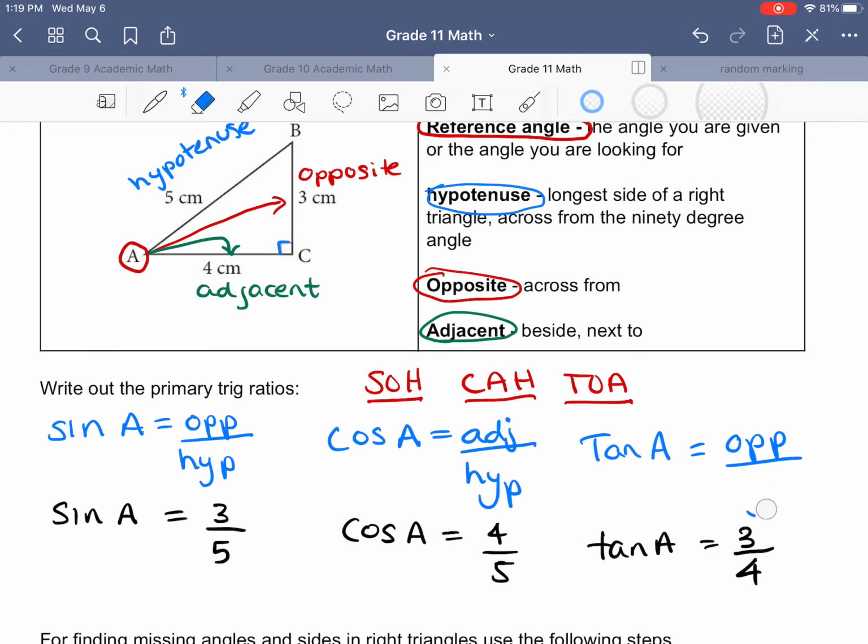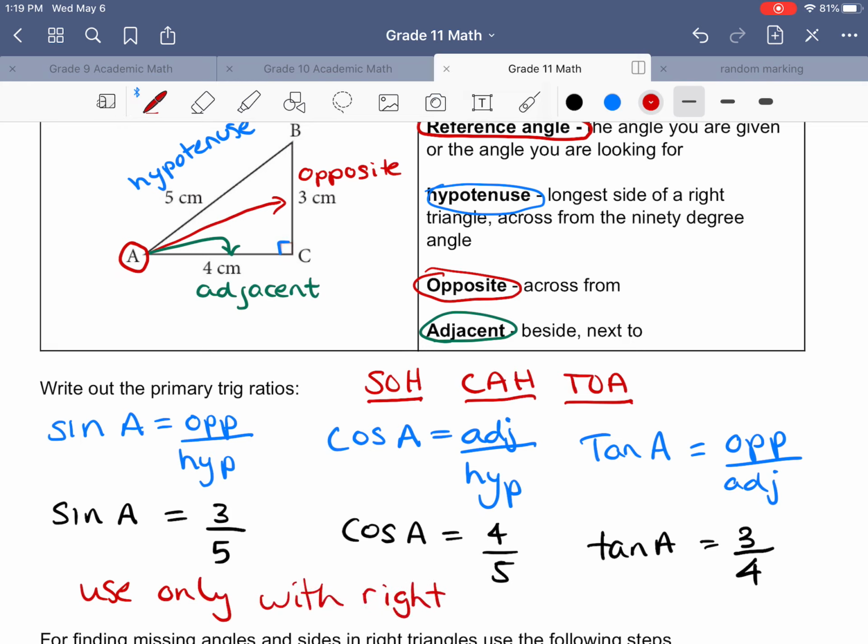So tangent is not opposite over hypotenuse, it should be opposite over adjacent. And now TOA makes much more sense. Okay, so we have our 3 primary trig ratios, and we only use these with right triangles. And right refers to that 90-degree angle.